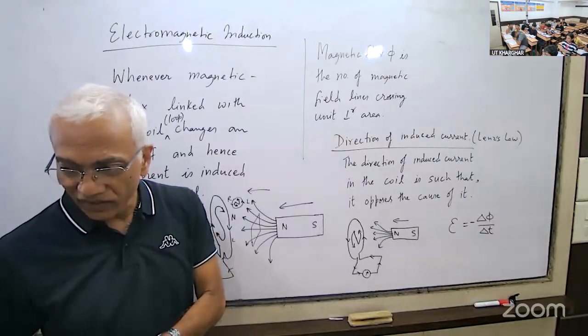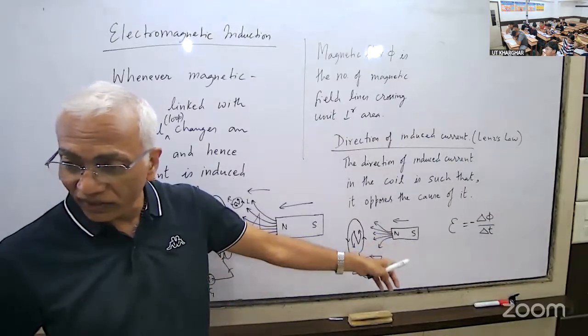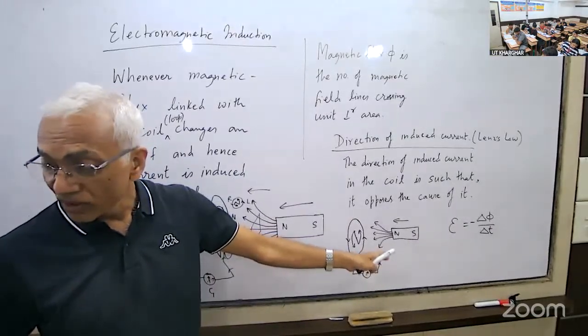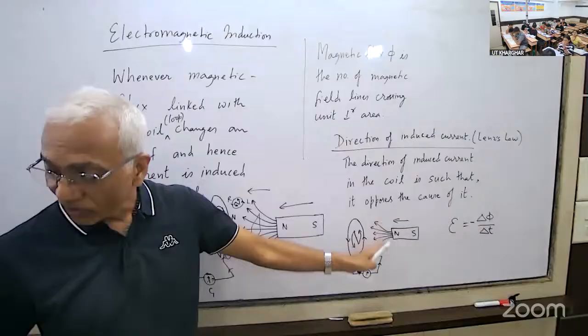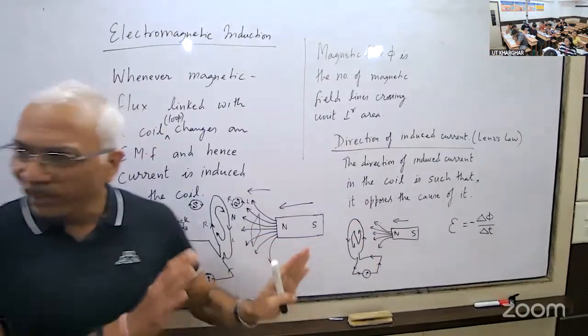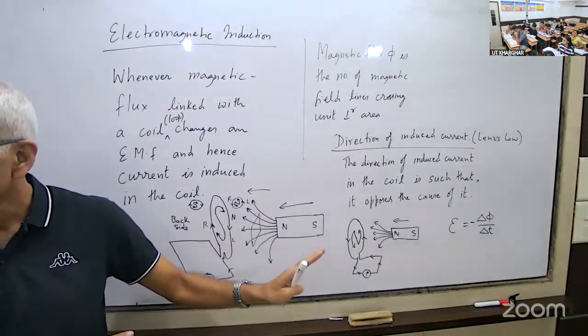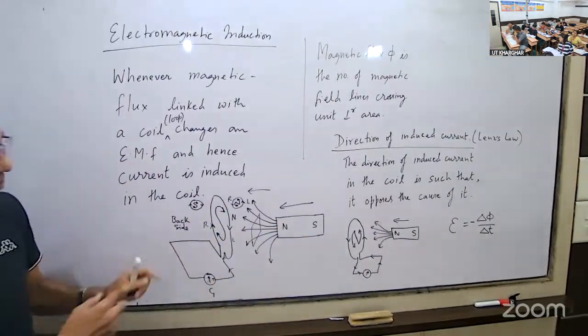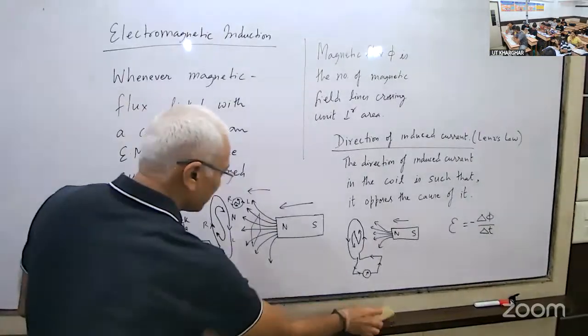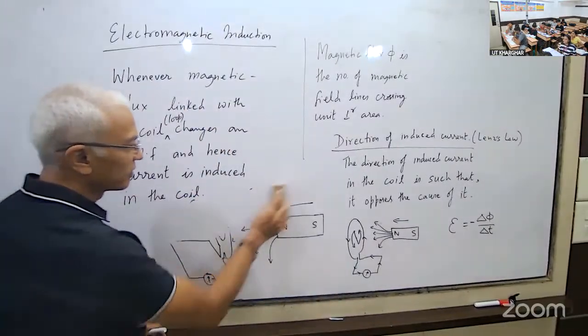Here it is electromagnetic induction. You understand? Is this clear? You need to only understand this concept. What is the concept? Whenever the magnetic flux through the loop changes. If this is confusing, okay, just drop it.